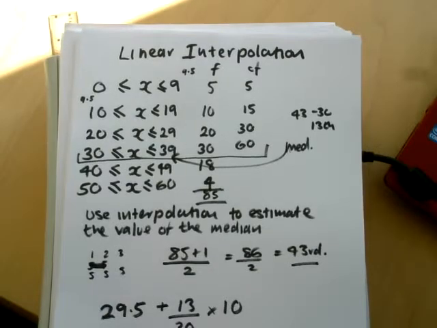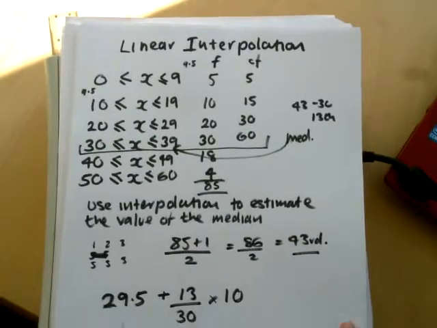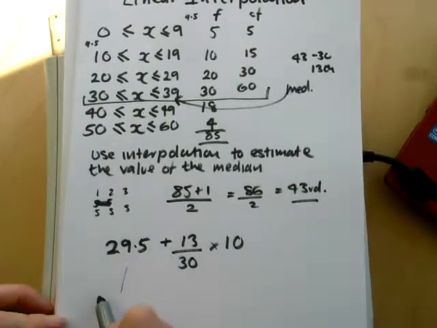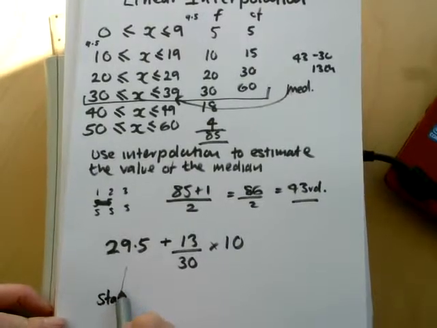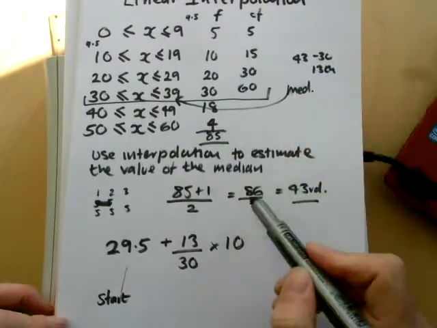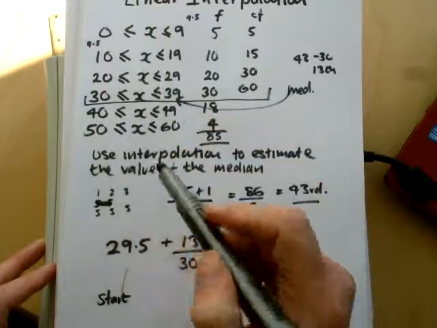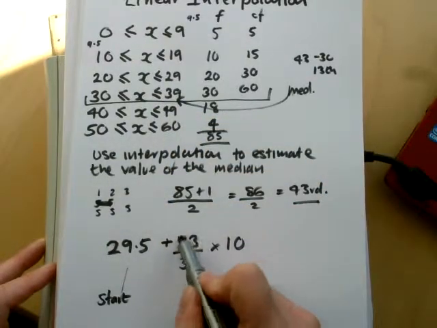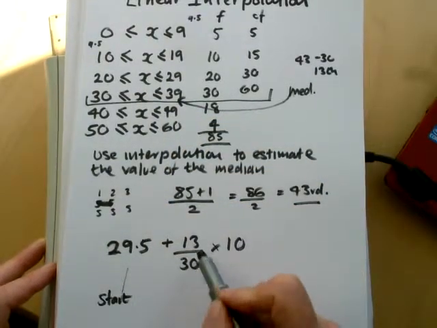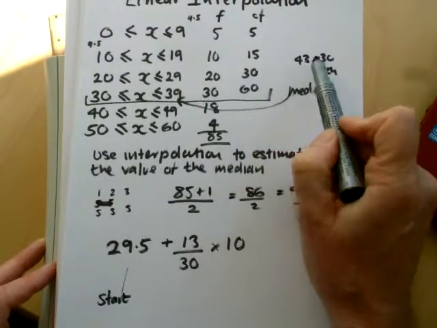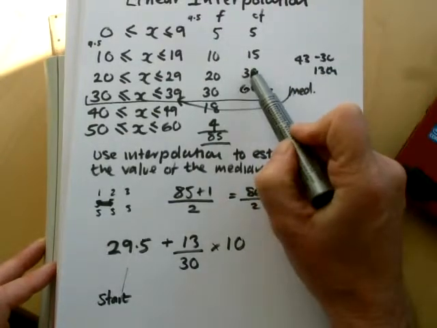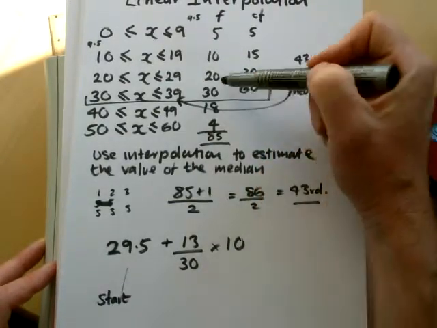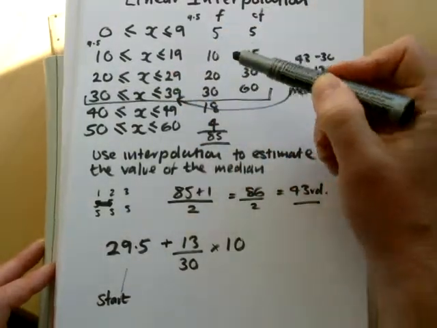So it's the interval start. Once we've found which interval the median value is in, it's the interval start plus the fraction of the way through the interval we are. So remember I did 43 subtract 30. There are scores that were in the intervals before the interval we were in, so we take them away.